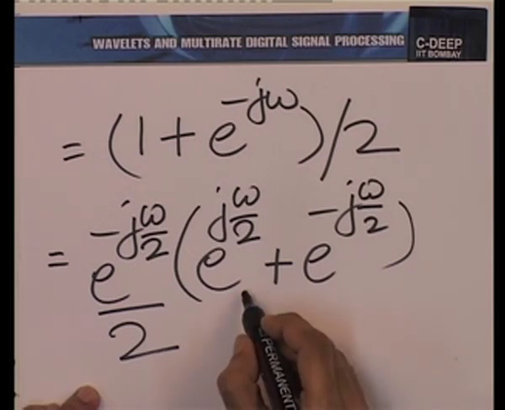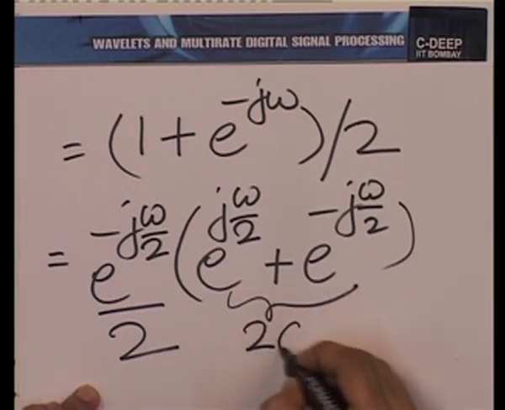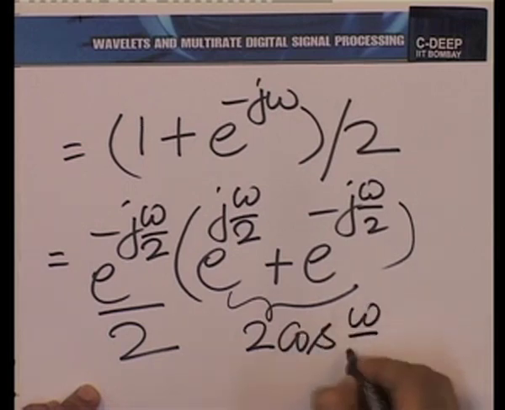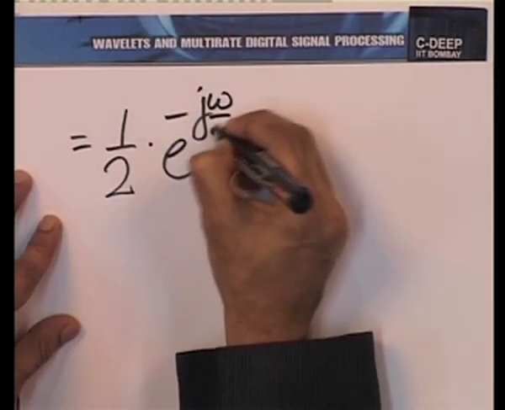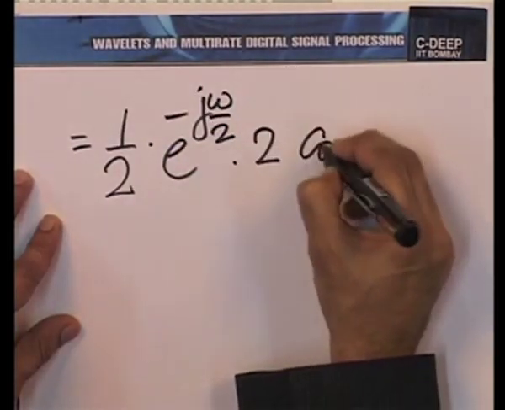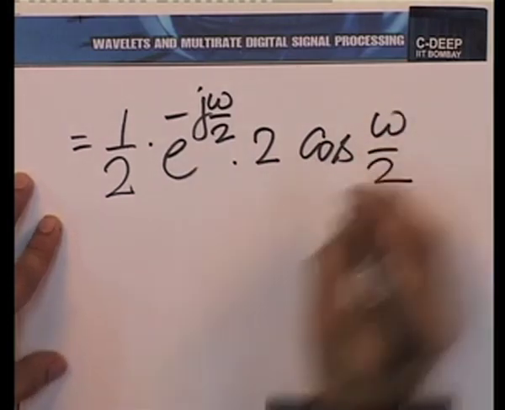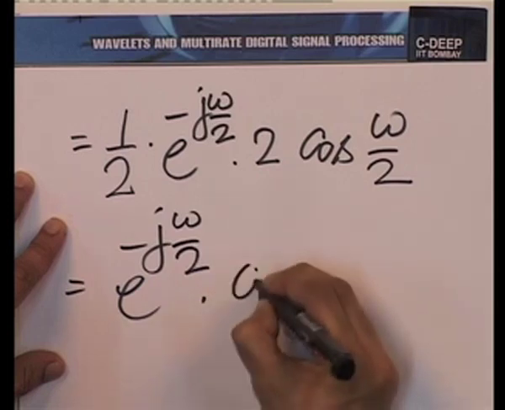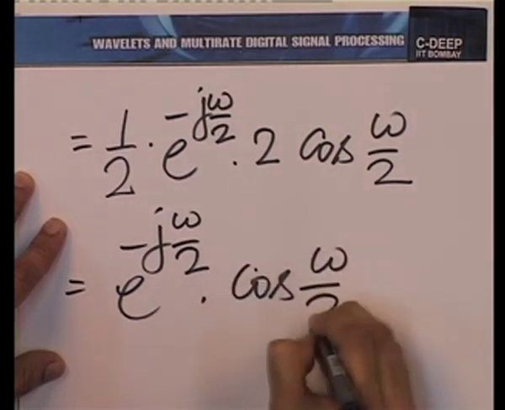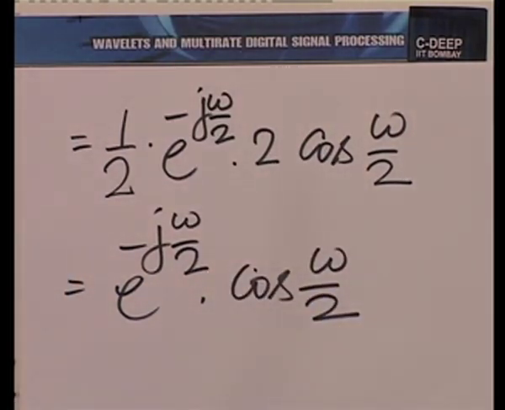Now, recognize that the bracket is essentially 2 times cos omega by 2. Therefore, we have half times e raised to the power minus j omega by 2 times 2 cos omega by 2, which gives us e raised to the power minus j omega by 2 times cos omega by 2. This is the frequency response.